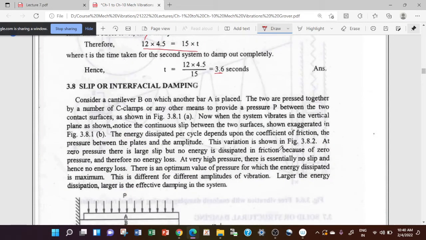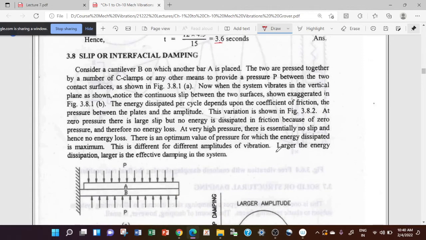And the next damping is slip or interfacial damping. This type of damping will occur when you join two components with some pressure, and that pressure may come because of bolting of the two plates or the two systems.